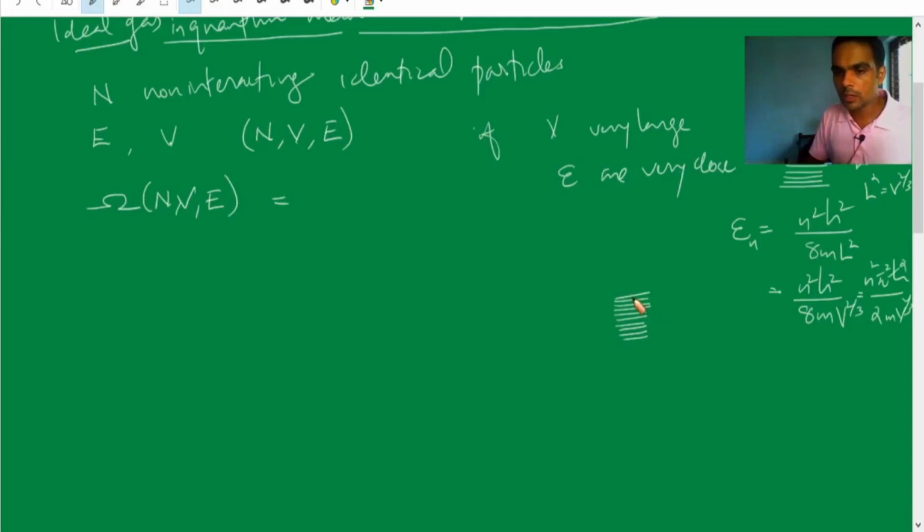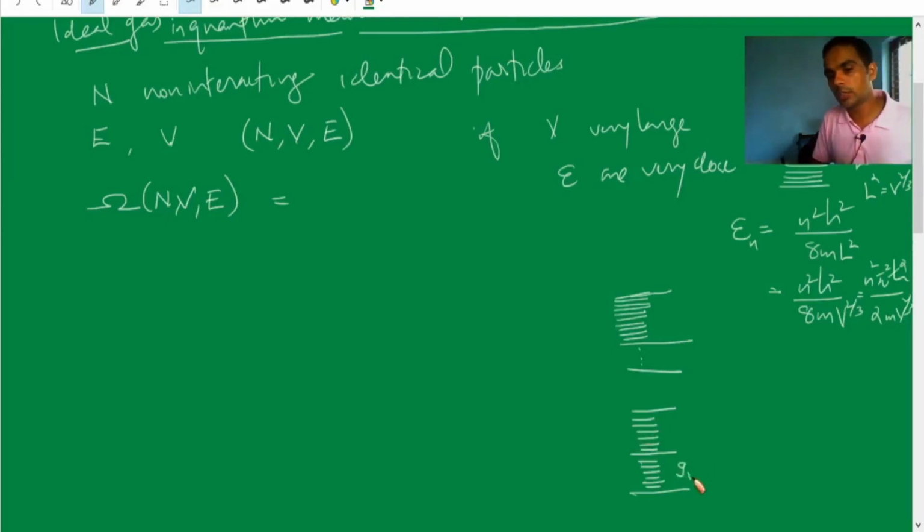I take this as a group. This is called a cell. Let me write this. There are many cells like this: first cell, second cell, third cell. There are many levels inside each cell.